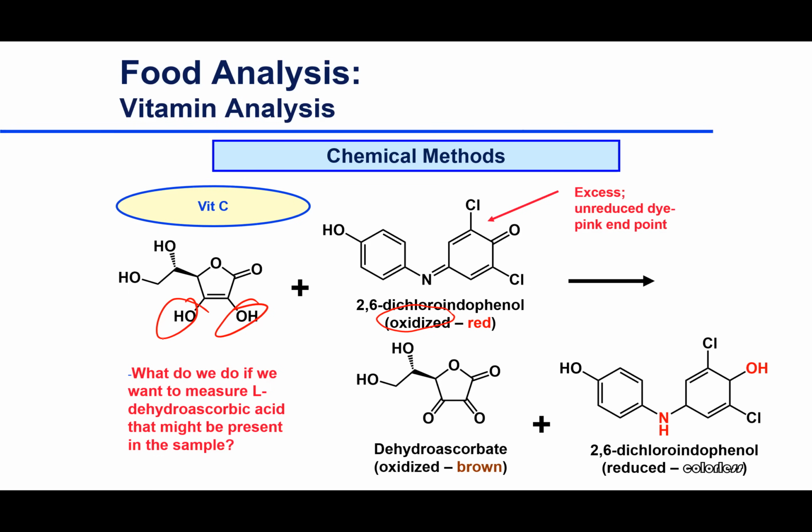And so then you get the dehydro form of ascorbic acid, and then this becomes reduced here. And the reduced form is colorless. So when the color goes away, I think I misspoke myself a little bit ago. It's when the color goes away that you've hit that point of completely titrating the reduced form of the ascorbic acid. Okay? So that's that.